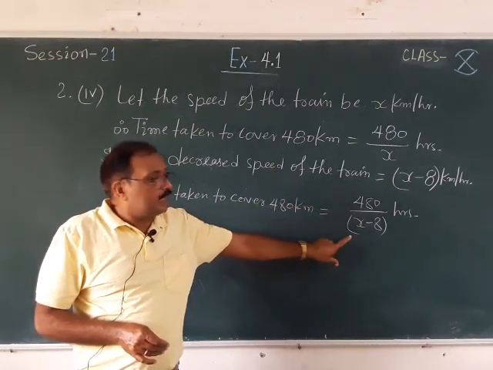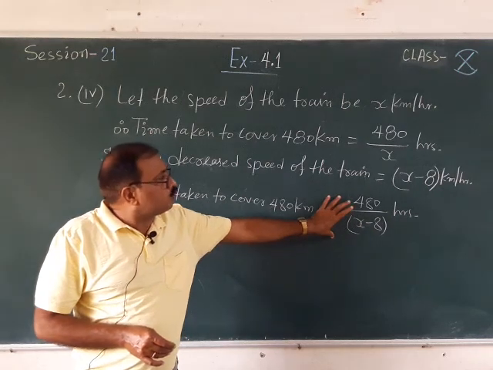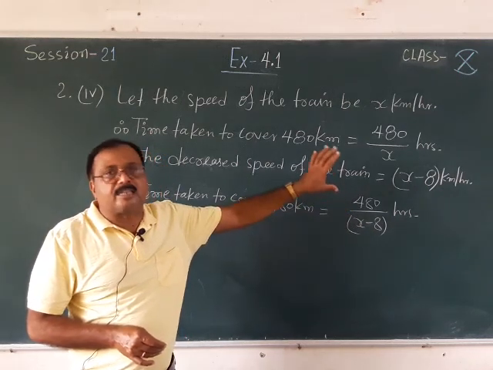Distance is 480, speed is x minus 8. So this is the new time which the train is taking now.